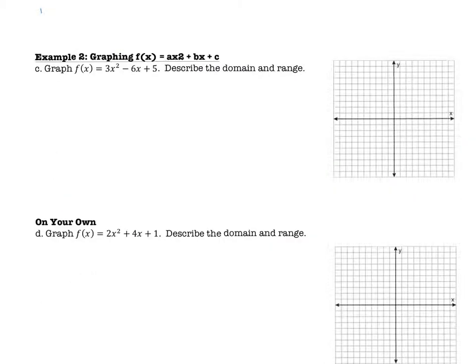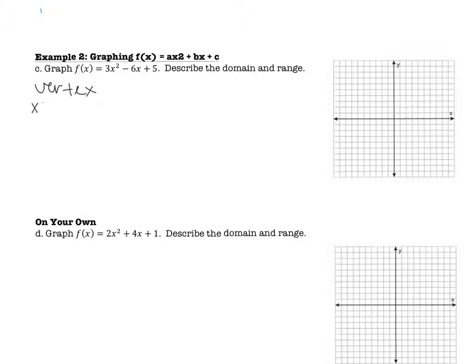Okay, for example 2, we're going to graph now the function 3x squared minus 6x plus 5. So we know that it will cross the y-axis at positive 5, but we don't know the vertex. So let's find the vertex using the formula we just used.